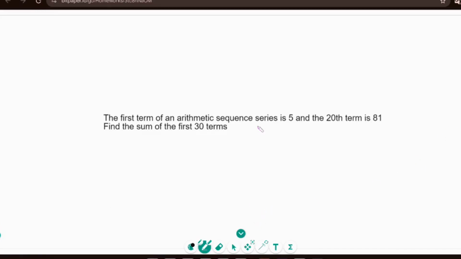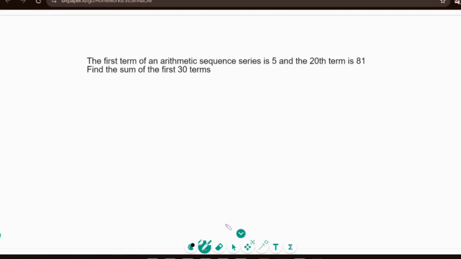Okay, let's look at this example. First term of an arithmetic series is 5. Sometimes it's called a sequence, sometimes it gets called a series, same thing. The 20th term is 81.